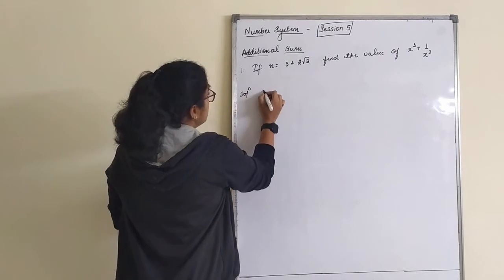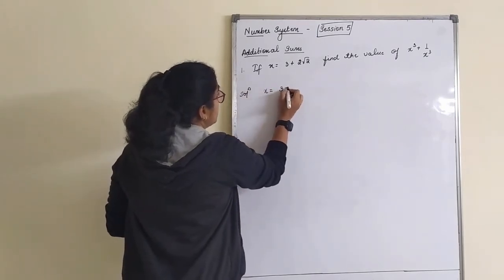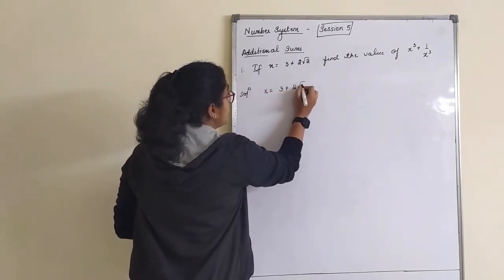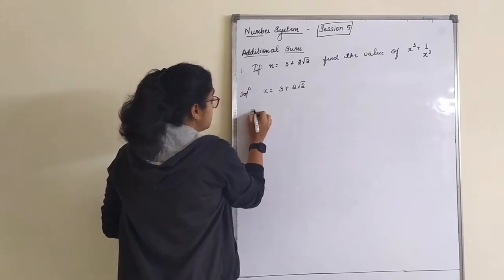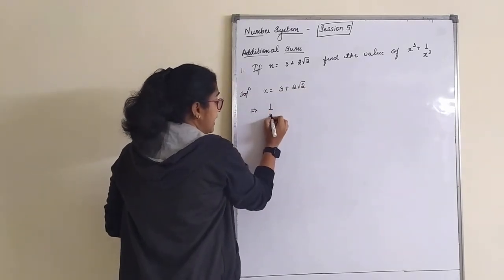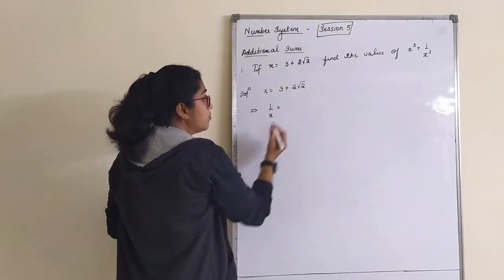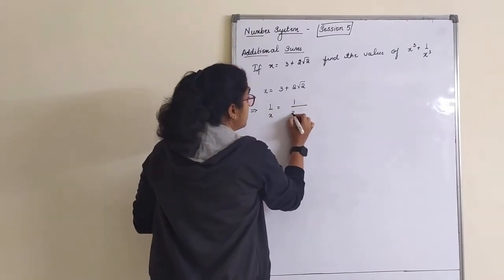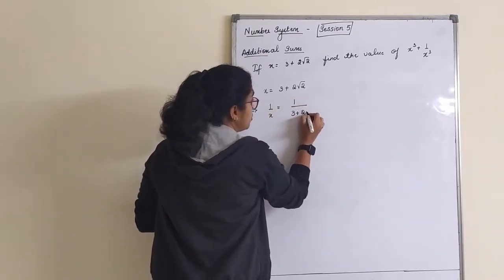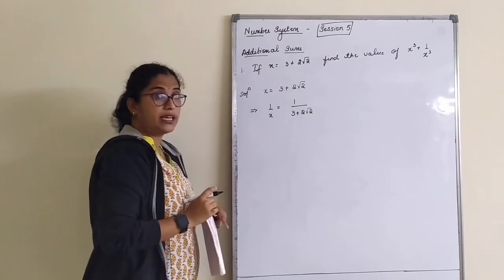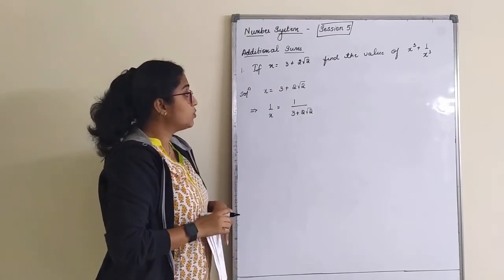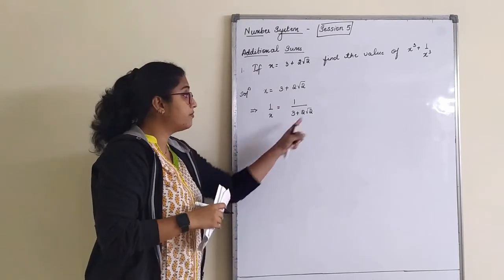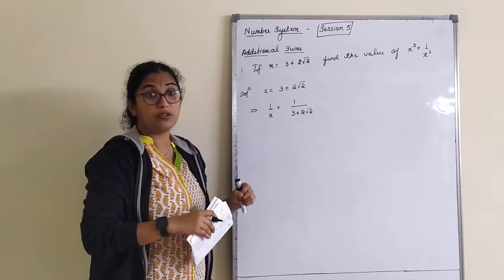Solution: x is equal to 3 plus 2 root 2. This implies 1 by x is equal to what? 1 upon 3 plus 2 root 2. Okay. So now in this sum an irrational root is there in the denominator.